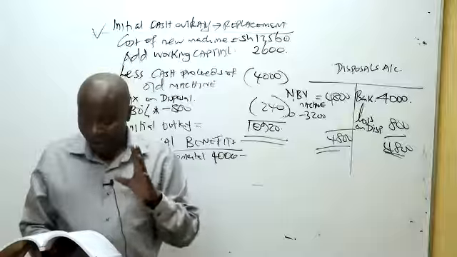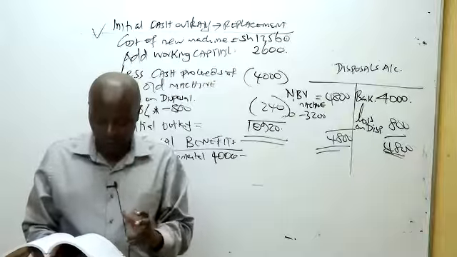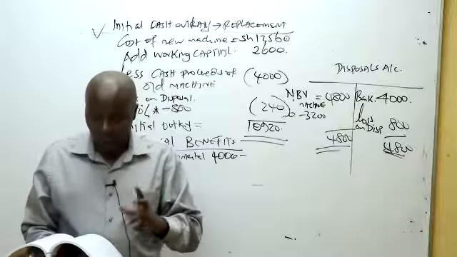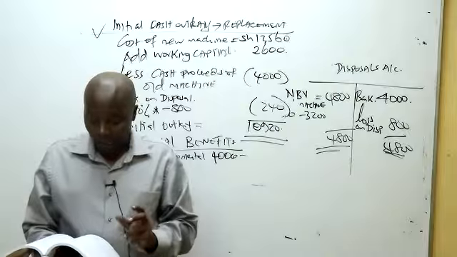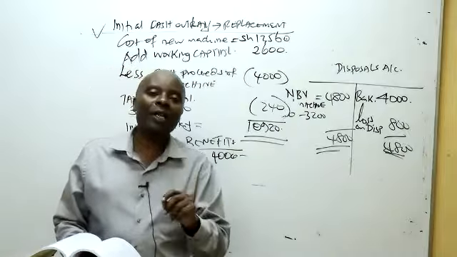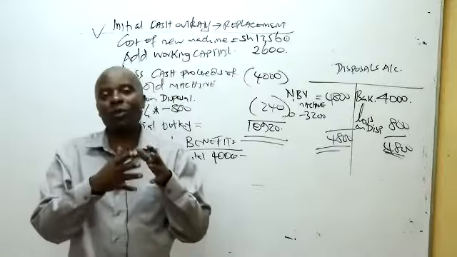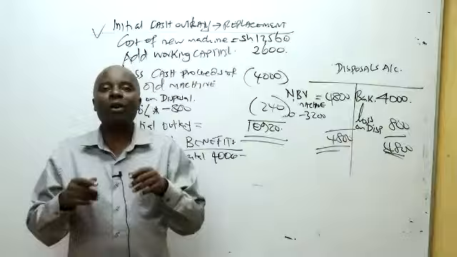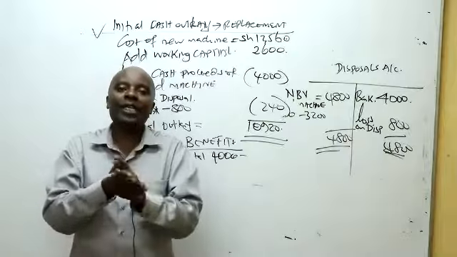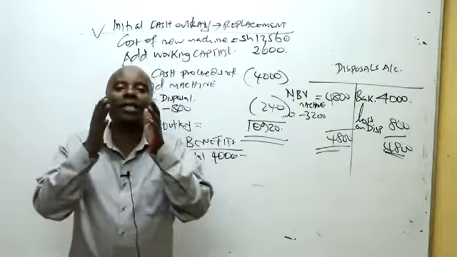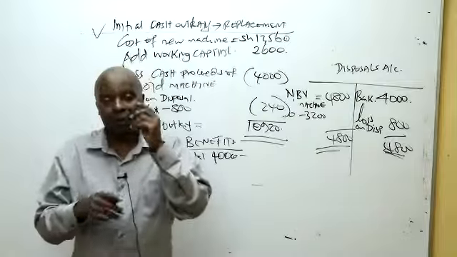However, a critical analysis of the machine now shows that the machine is usable for the next 5 years with a salvage value of 1.5. So if we were to leave this old machine to continue with us, we are assured of getting 1,500 as the scrap value for the old machine.